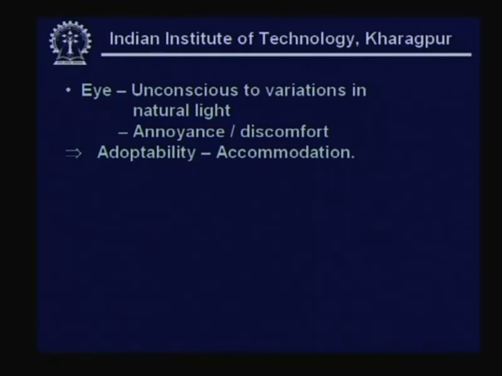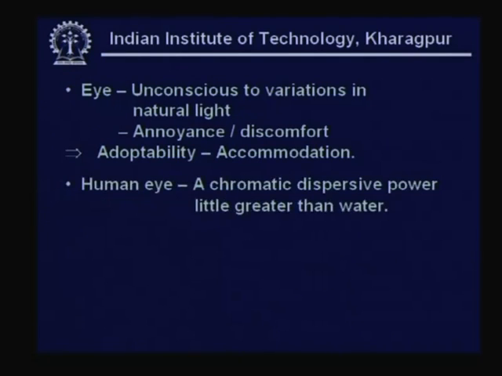It is believed that the human eye is achromatic, and its dispersive power is believed to be a little greater than water. What it means is that it does not change the color of the incoming signal.